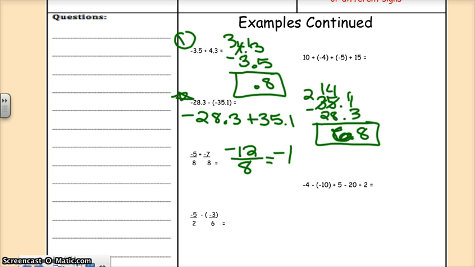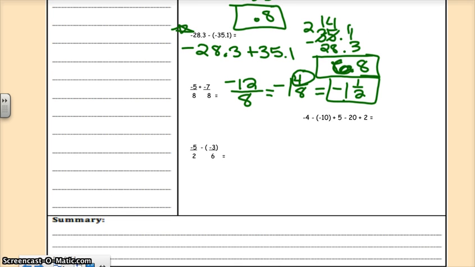Negative 1, 4 remains, 8 as the denominator. Final answer, negative 1 and 1/2. Why 4? Because 4 is the remainder.